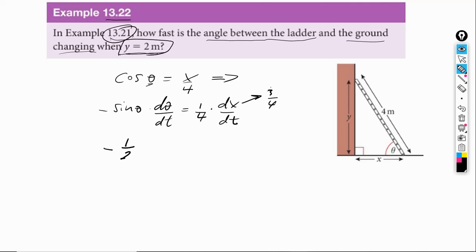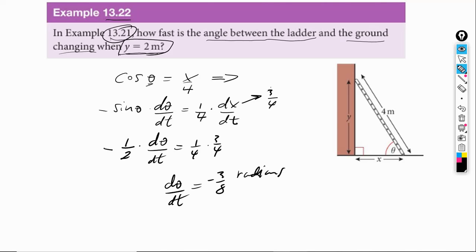So negative 1/2 times the rate of change of the angle is equal to 1/4 times 3/4. Okay, so if you solve for the rate of change of the angle, this is going to equal negative 3/8. That's going to be radians per second.